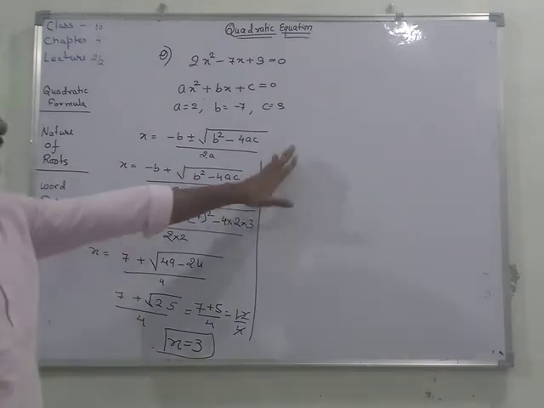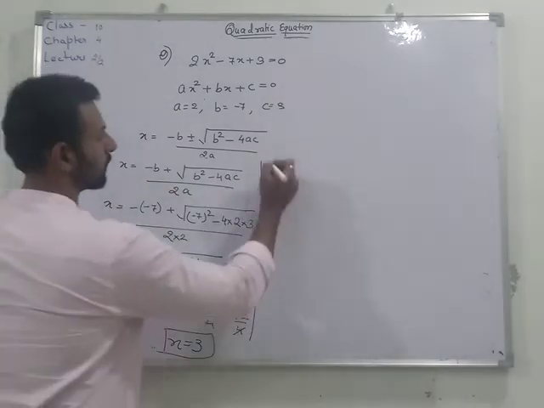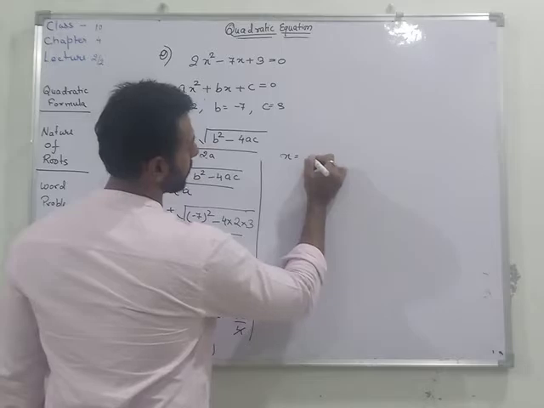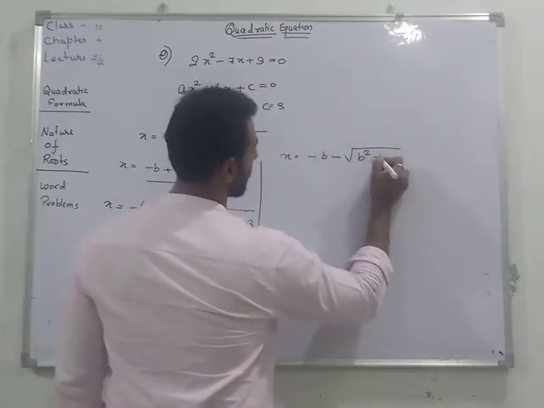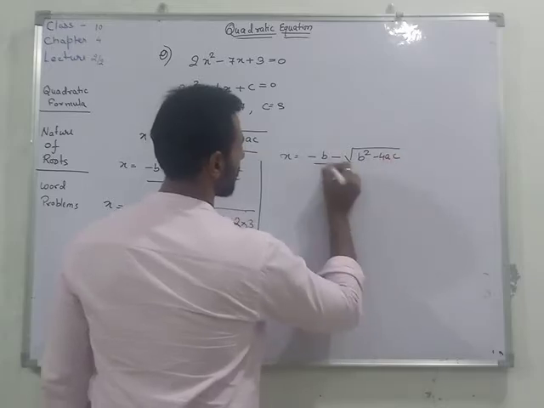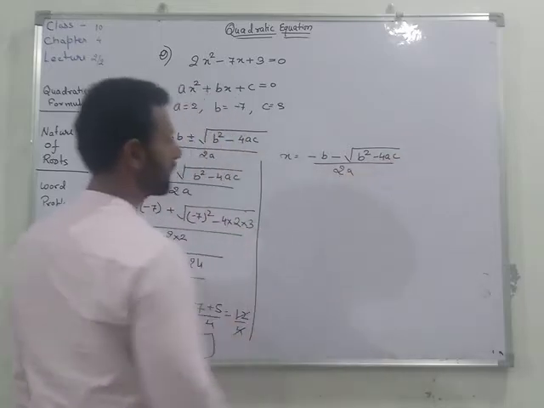Now solving for the negative part. x is equal to minus b minus under root of b square minus 4ac upon twice of a.